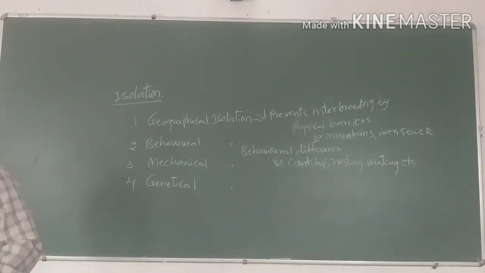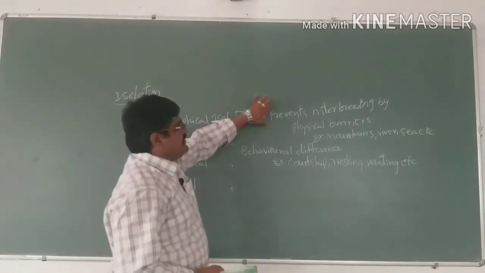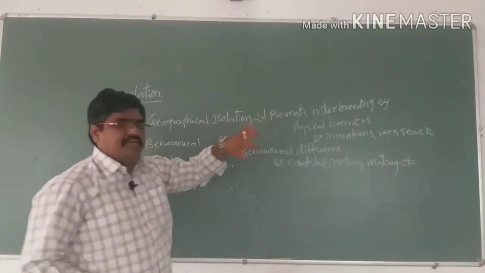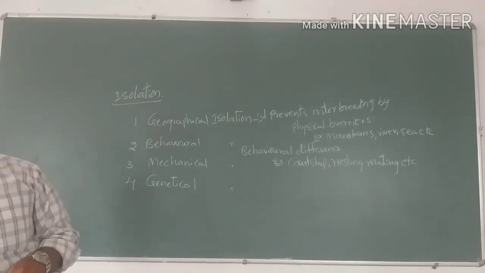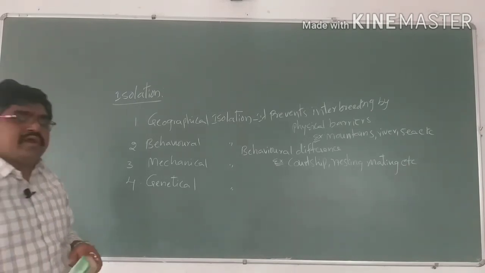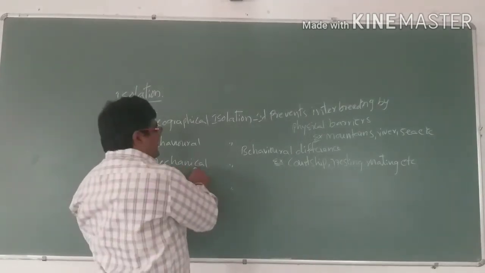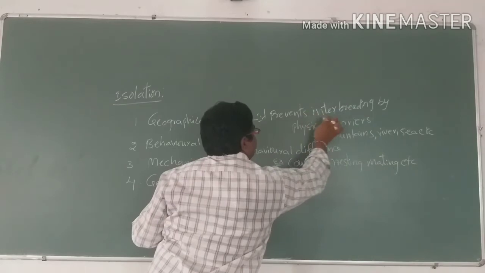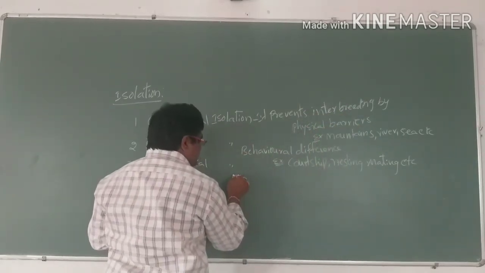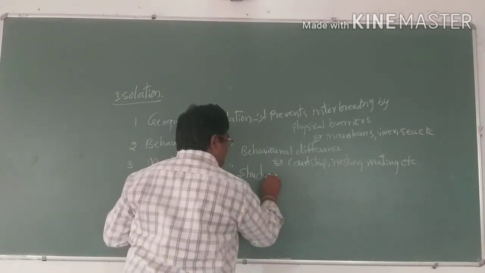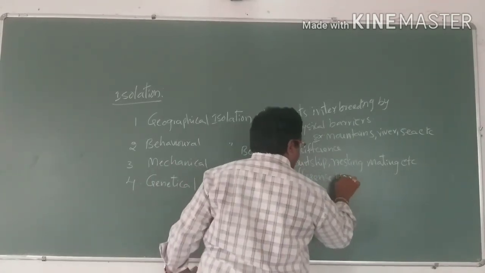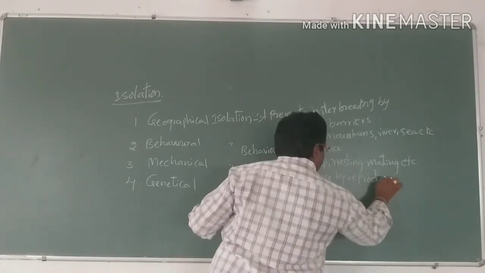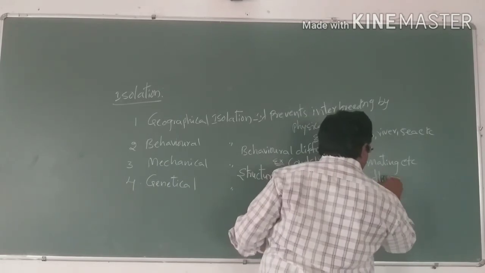Next, the third one is the mechanical isolation. Mechanical isolation prevents interbreeding by the structural differences in the reproductive organs.